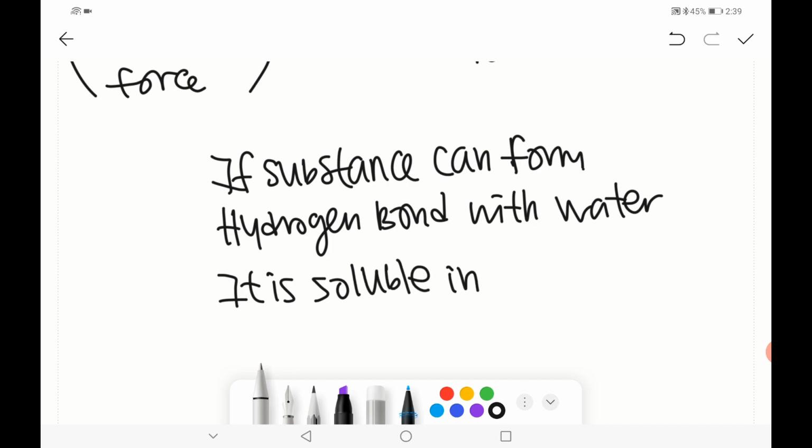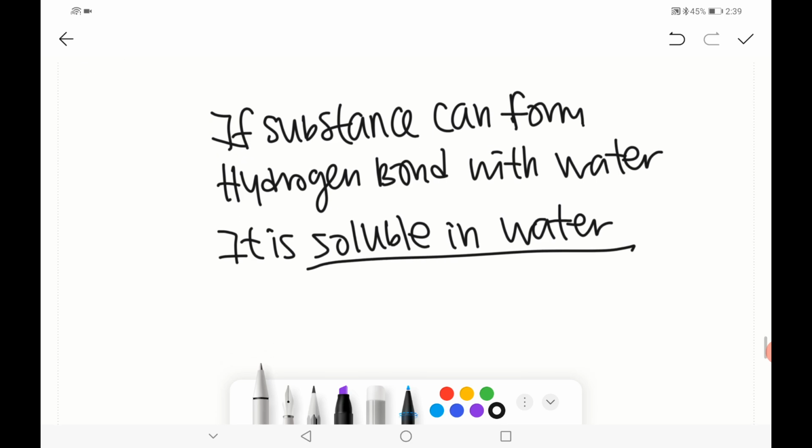The concept is very simple. If you want to be soluble in water, you must be able to form bond with water.